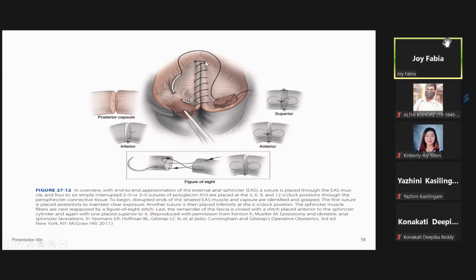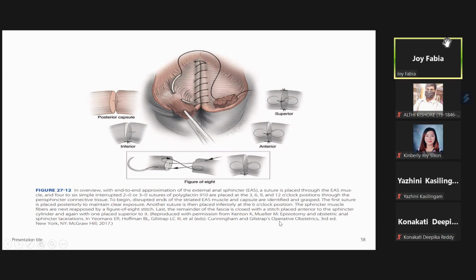This is the internal anal sphincter. We use continuous stitches. And then for the external sphincter, we use simple interrupted sutures using chromic 2-0, or we can also use Vicryl or polyglactin.